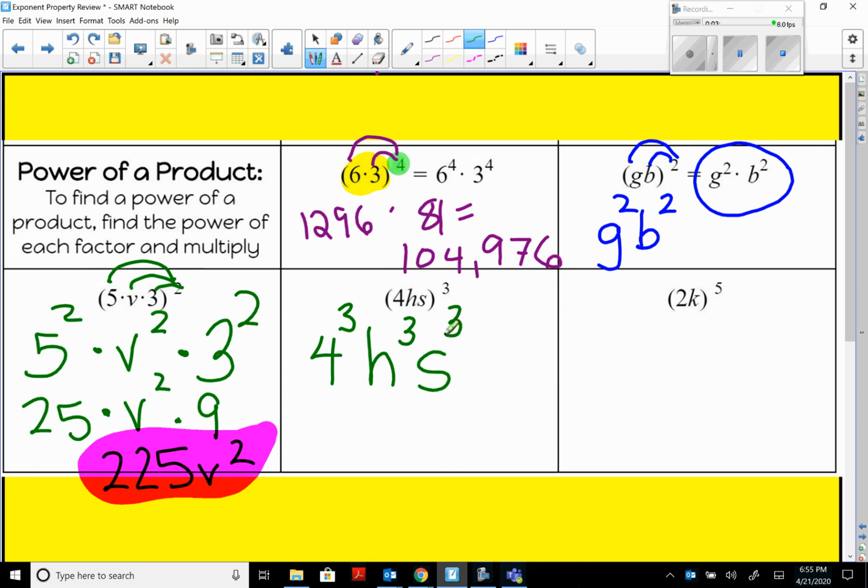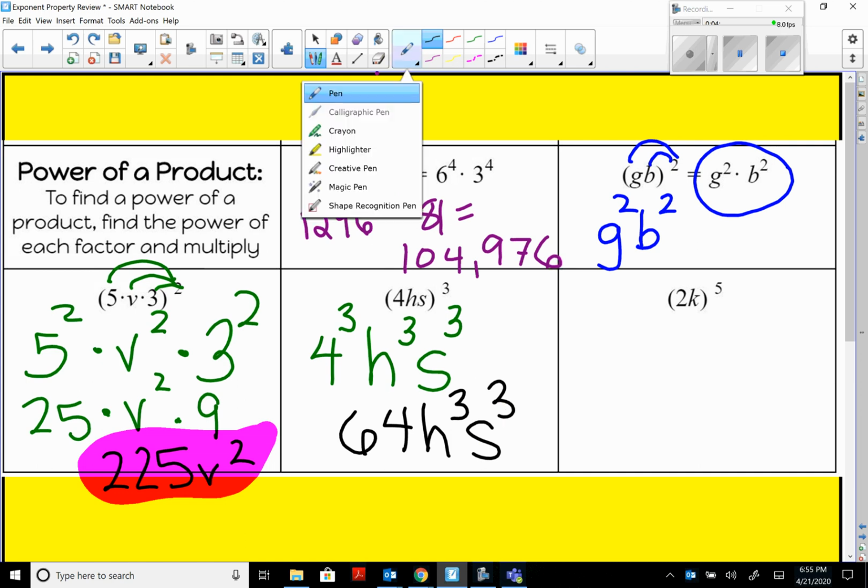And I should have said that everything there is getting multiplied because there is no symbol. 4 to the 3rd power is 4 times 4 times 4, which is 64. H to the 3rd power and s to the 3rd power, there's nothing else I can do to that. So my final answer is 64 times h to the 3rd power times s to the 3rd power. And that is as simplified as it can get.